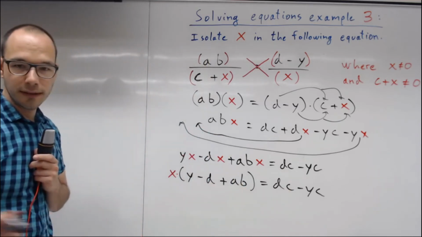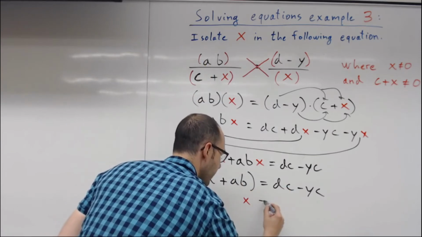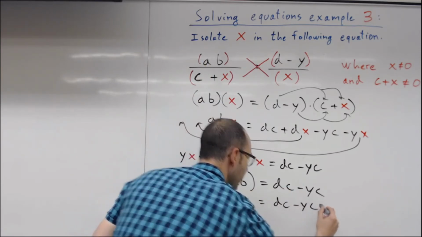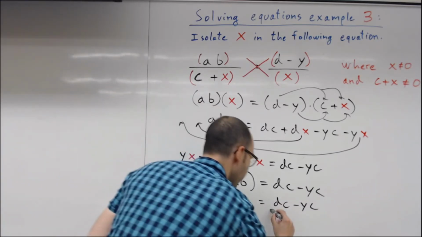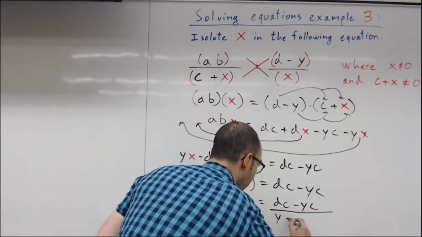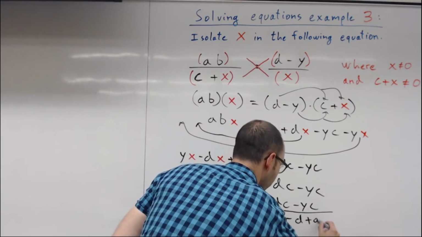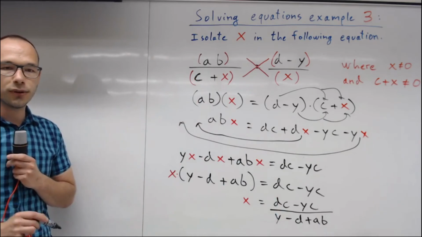So x is equal to dc minus yc, I rewrite my numerator, and I divide that by the bracket, y minus d plus ab. So now I have isolated my x.